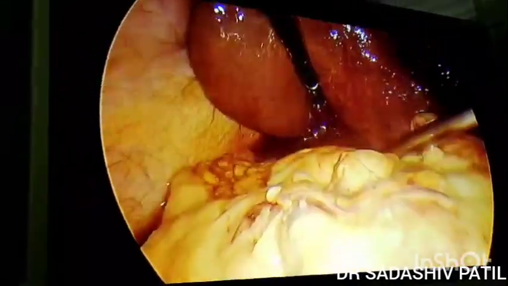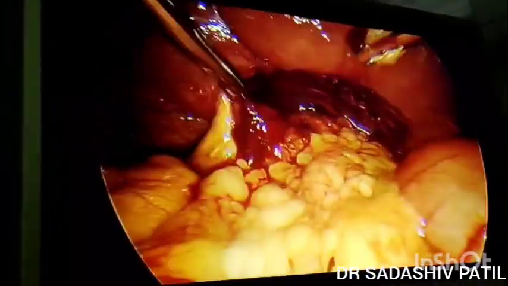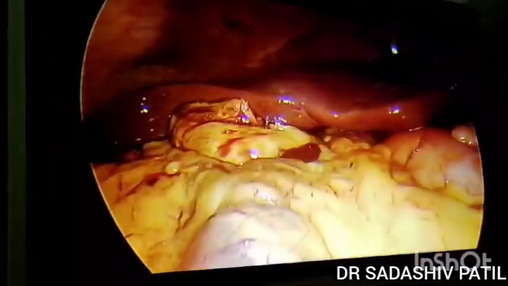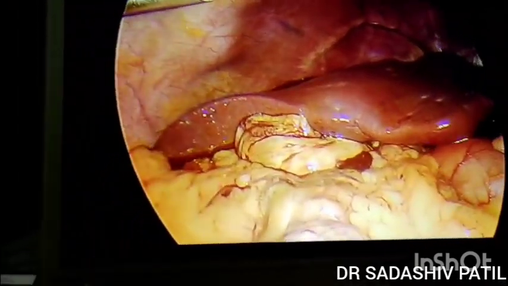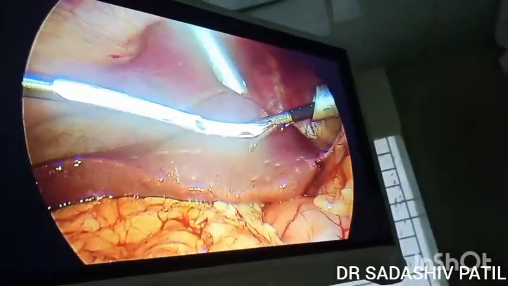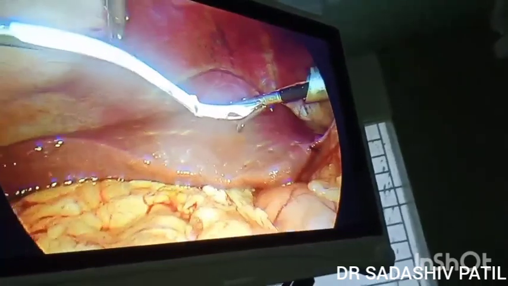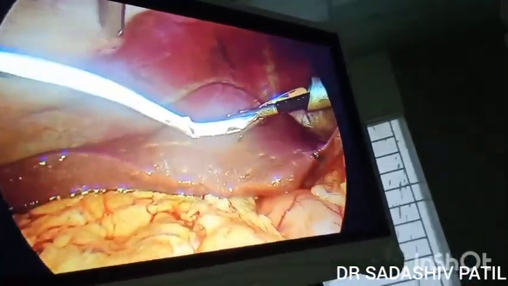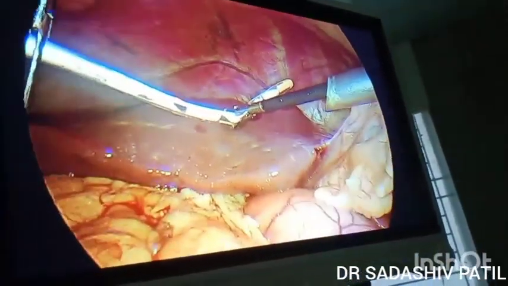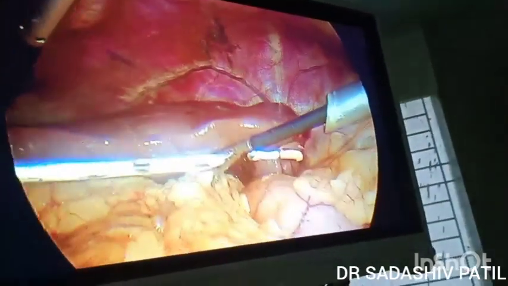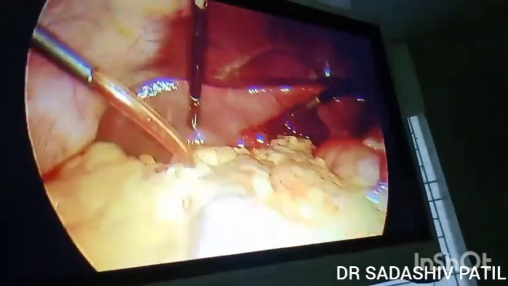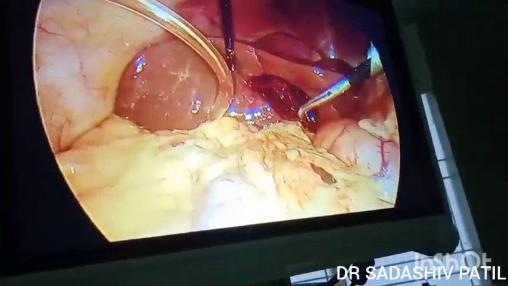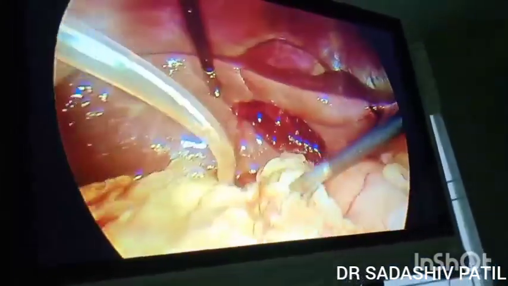A drain was introduced in the subhepatic space through the anterior axillary line trocar. The 3 gauze pieces which were used to control the oozing were removed.